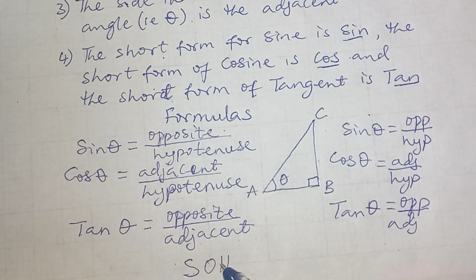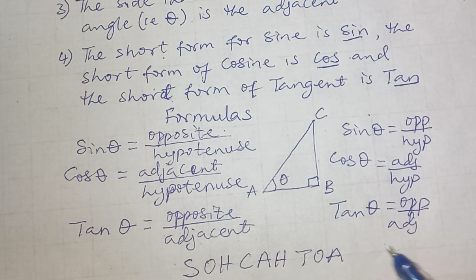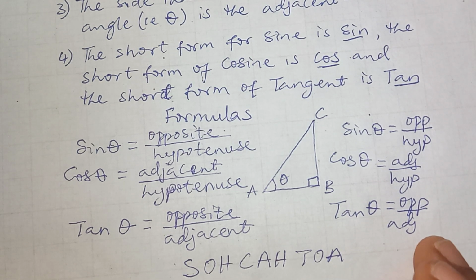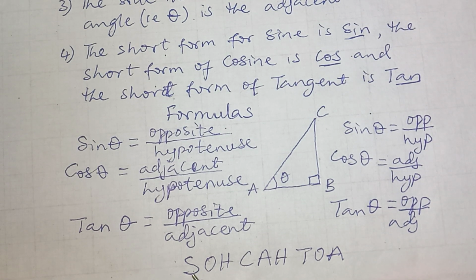We have a short form to remember all these things, which is SOHCAHTOA. In SOHCAHTOA, S stands for sin theta is equal to O, opposite, over H, hypotenuse. C stands for cos theta, A stands for adjacent, H stands for hypotenuse.